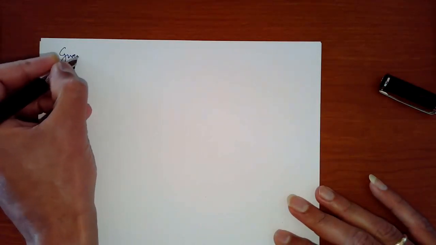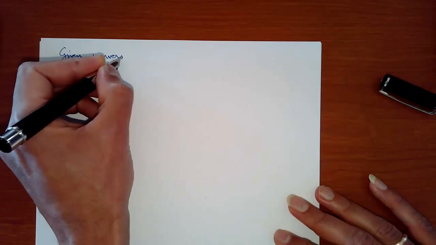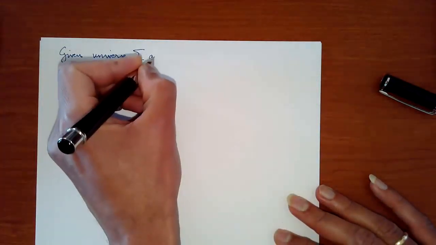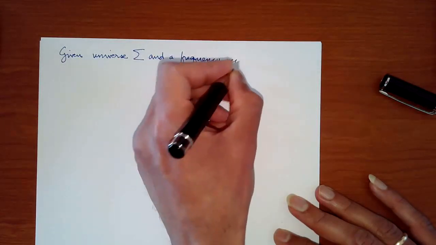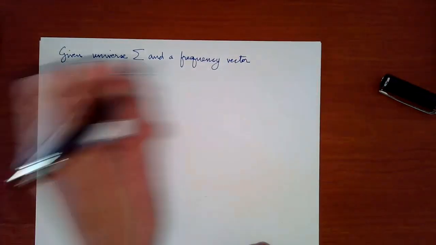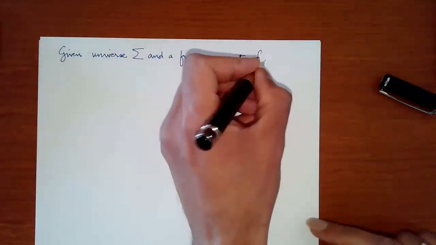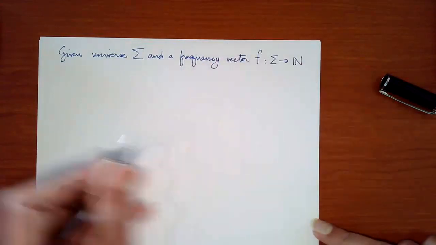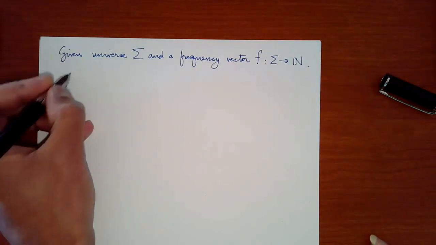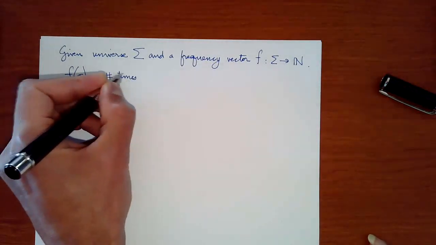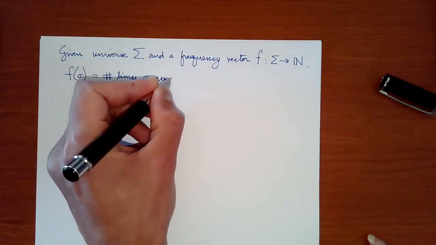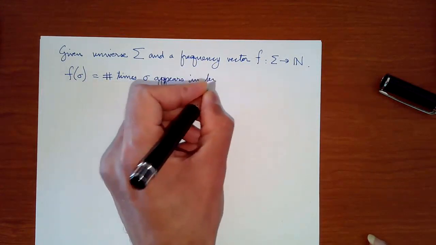Okay, so now let me make this more formal. We're given the universe sigma and a frequency vector, which I'll call f. So f tells you how many times sigma appears. f of little sigma is equal to the number of times sigma appears in the text.